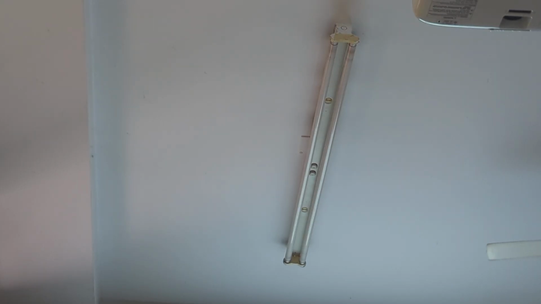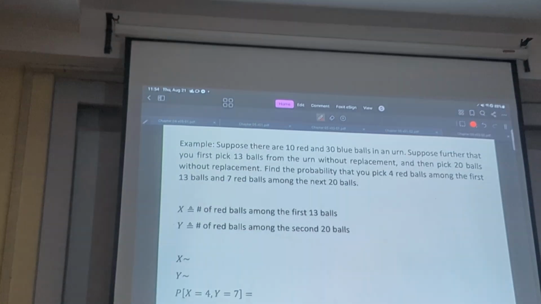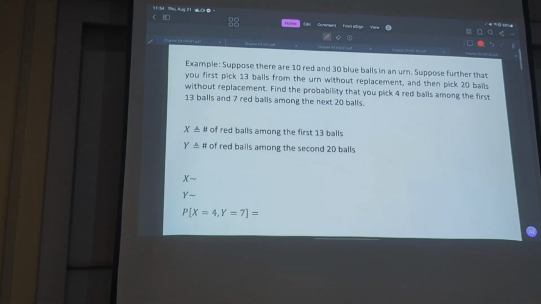Now find the probability that we pick 4 red balls among the first 13 balls and 7 red balls among the next 20 balls. Can you calculate this probability? X is the number of red balls among the first 13 balls. Y is the random variable that represents the number of red balls among the second 20 balls.